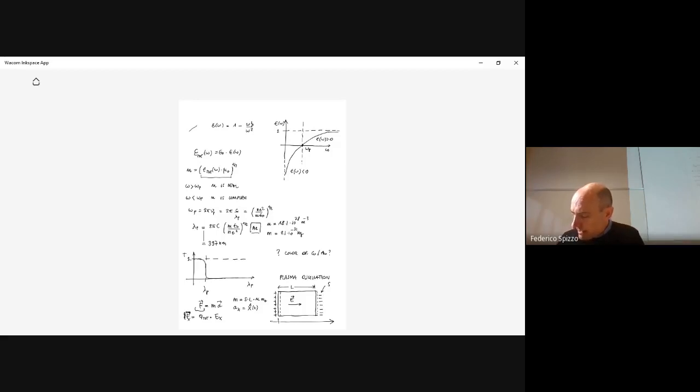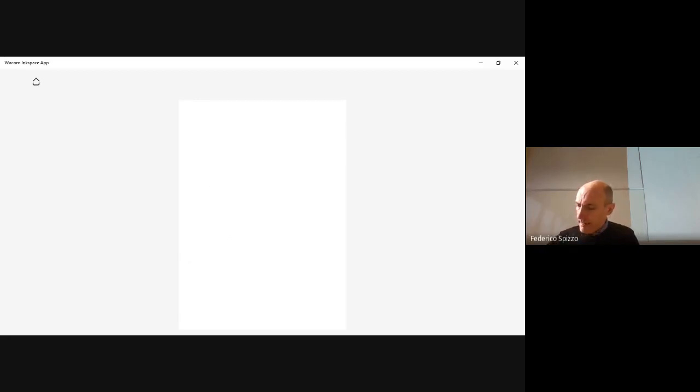So if we write the equation of motion for this system, we have that the total mass S times L times electronic density, mass of the electron, times the second derivative of x is equal to the Q total.